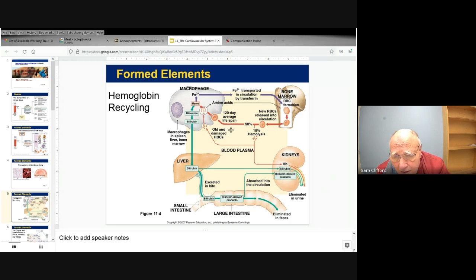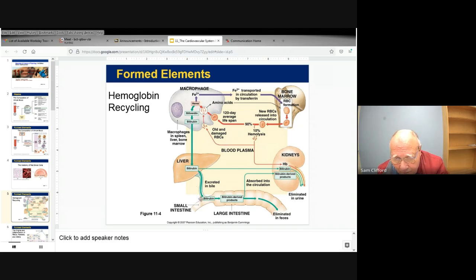They live about 120 days. Old and damaged red blood cells are eaten by macrophages and digested. The iron is saved. It goes back into the bones. The liver gets rid of bilirubin and other proteins that come from the degradation of hemoglobin.